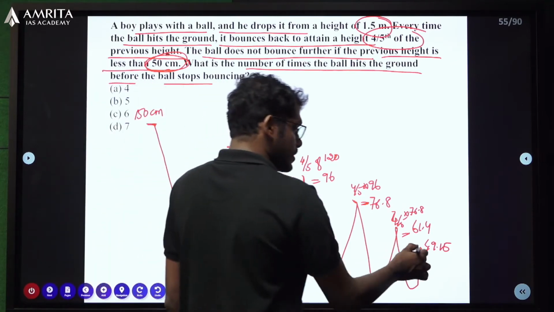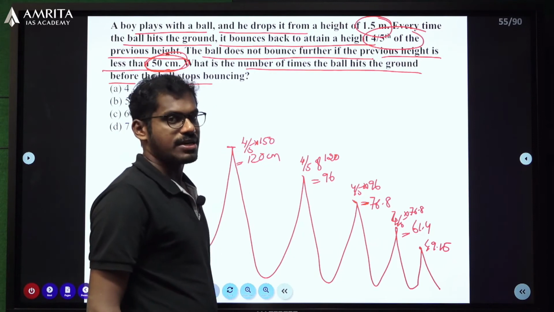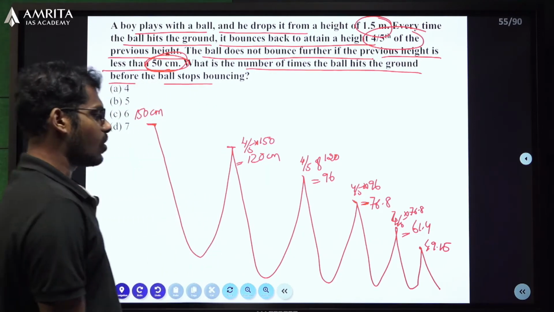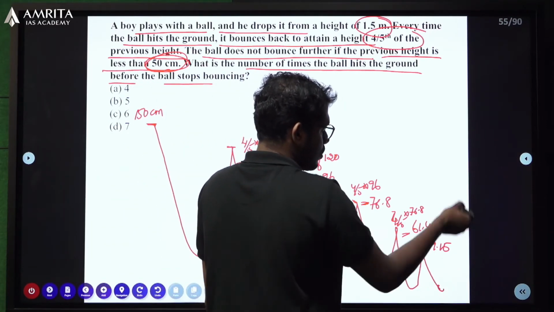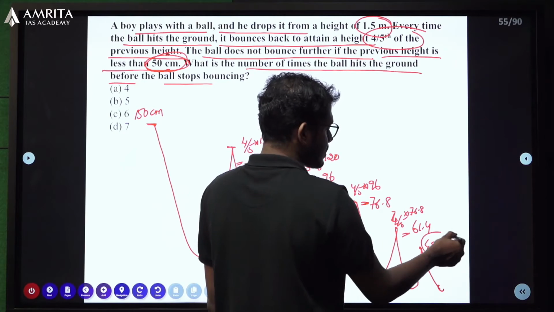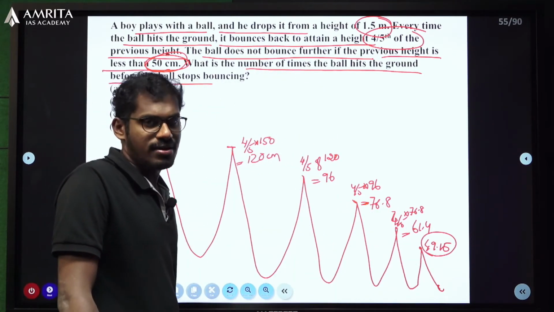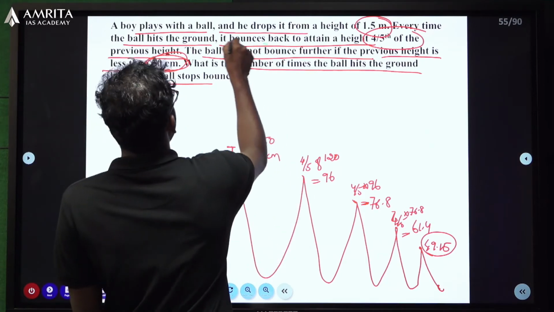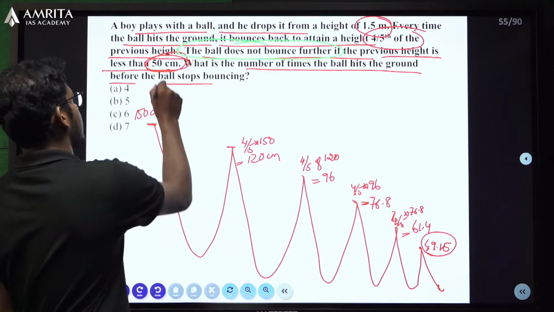It will further go down, but it will not bounce back, because the previous height, 49.15, is less than 50. The ball does not bounce further if the previous height is less than 50.